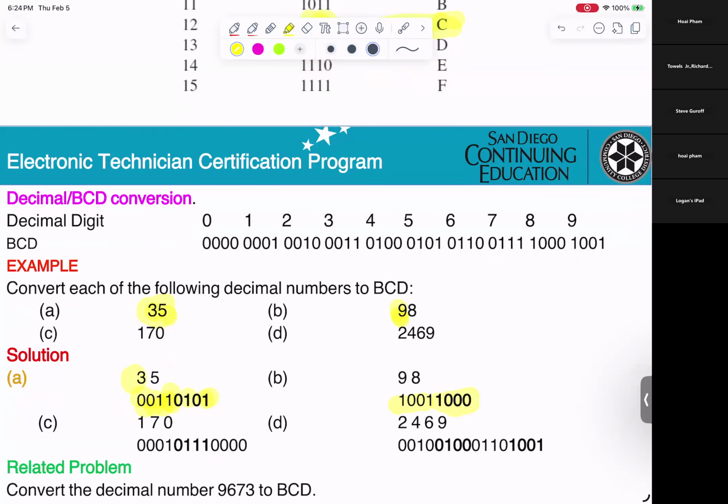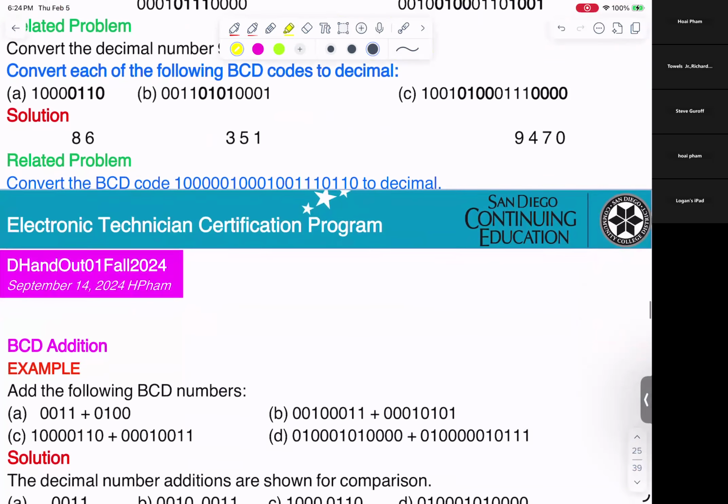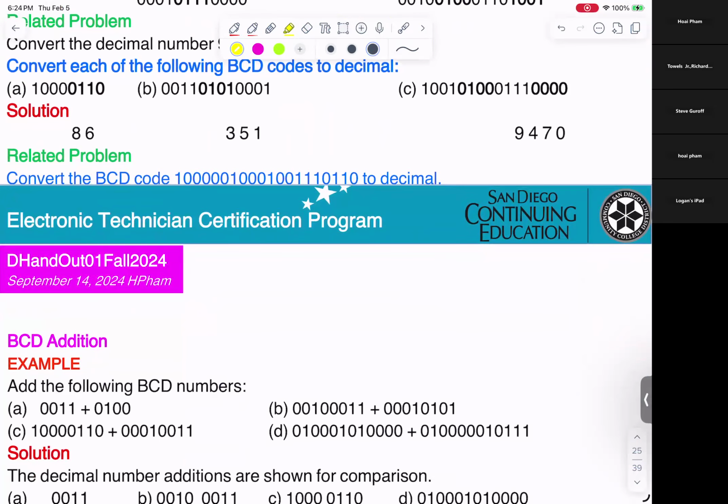Just for your knowledge, we are not using that in the digital circuitry we have to deal with. Also, they can tell you how to add BCD, 0, 0, 1, 1 adding to 0, 1, 0, 0.